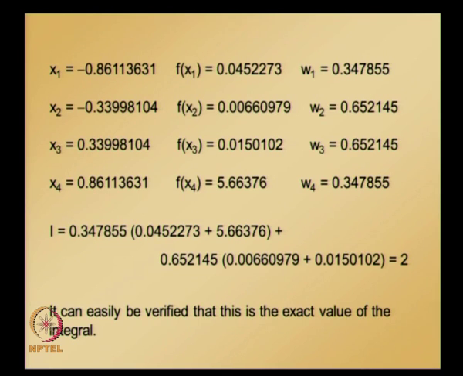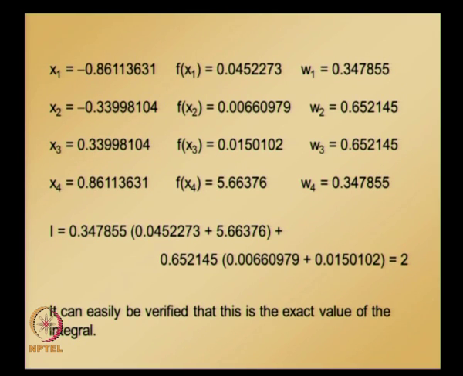So we can use numerical integration, using the number of Gauss points depending on the order of the integrand, keeping in mind that n point Gauss quadrature integrates a polynomial of degree 2n minus 1 exactly.